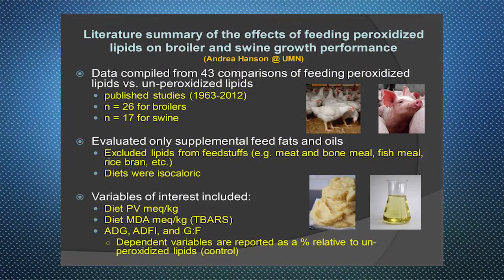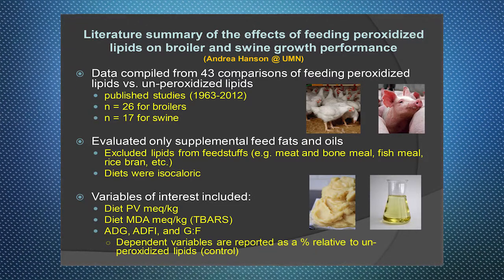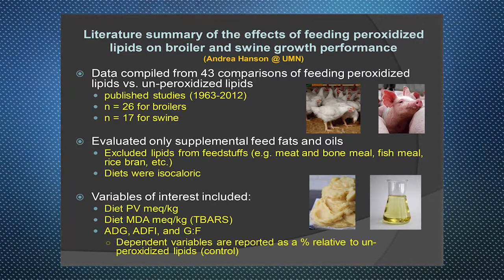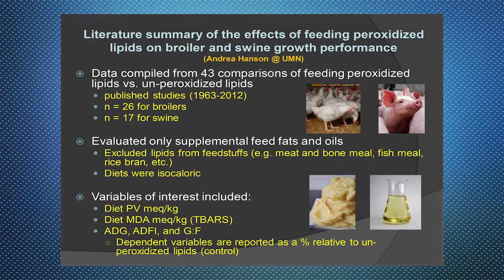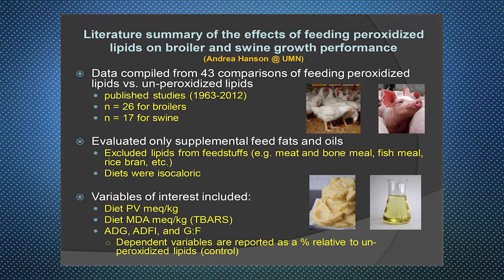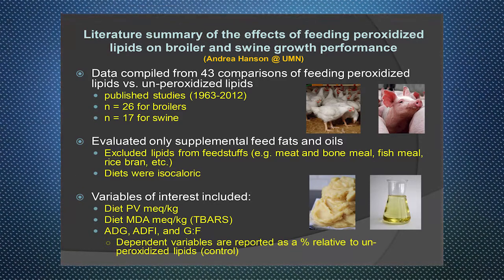In a review that Jerry Sherson's student did, Andrea Hansen, for part of her PhD thesis, she went through the literature, looked at basically fats, not looking at the fat that's in a product, but added fats. Reviewed the literature. The variables of interest were peroxide value and T-bars, and then performance.